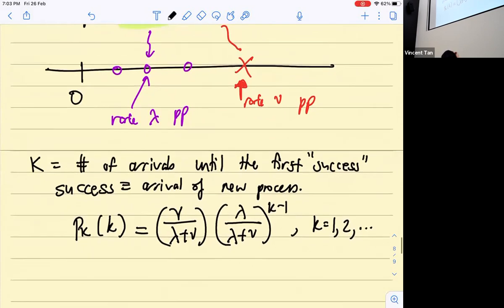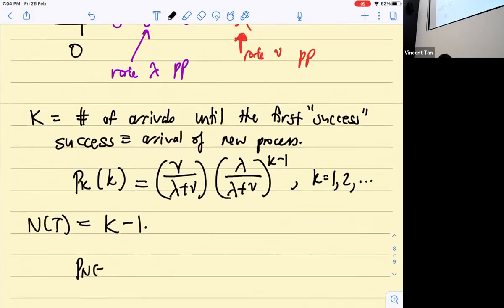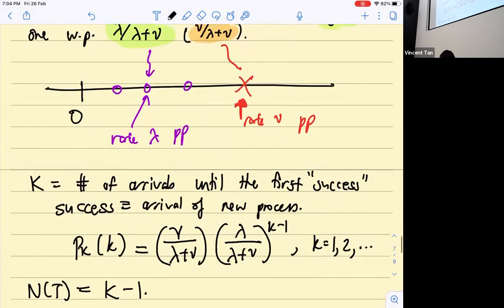But what we really want is N_t. You can see that N_t is equal to K minus 1. Actually, I didn't have to do K. I could have just done N_t, which is K minus 1. You could have 0 arrivals of the original process. You could immediately have this success here and nothing before it. So N_t can start from 0.